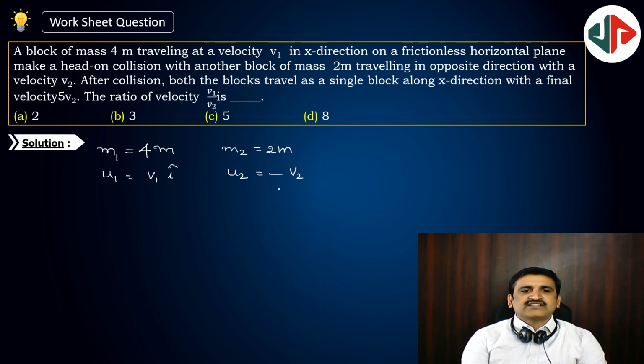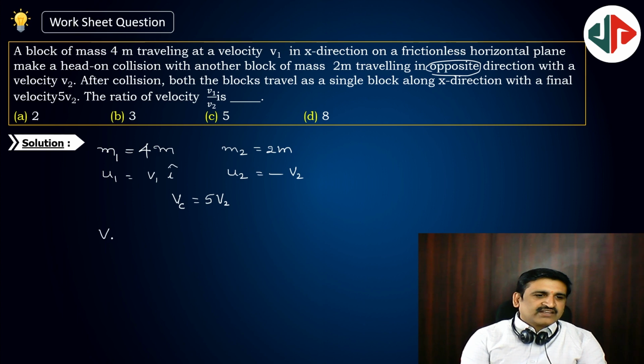Minus sign is because of opposite direction. So keywords must be noticed strongly. After collision both the blocks travel as a single one. That means it's a perfectly inelastic collision. Then the final common velocity is 5v2, they said. The ratio v1 by v2 he is asking.